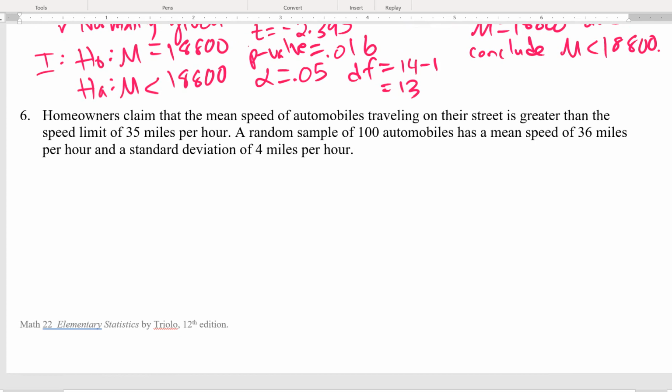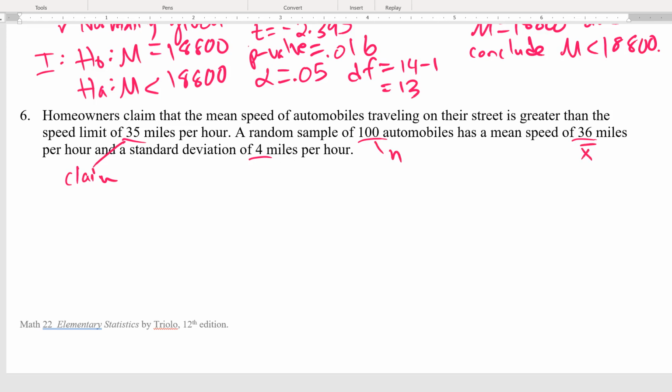And last but not least, homeowners claim the mean speed of automobiles traveling on their street is greater than the speed limit of 35. Random sampling of 100 automobiles found 36. Is that significant enough away? The standard deviation of 4. Okay, so right here there's our claim. There's our sample size.